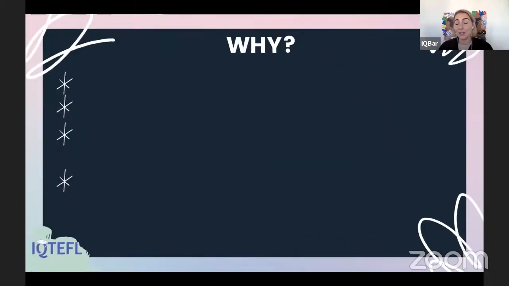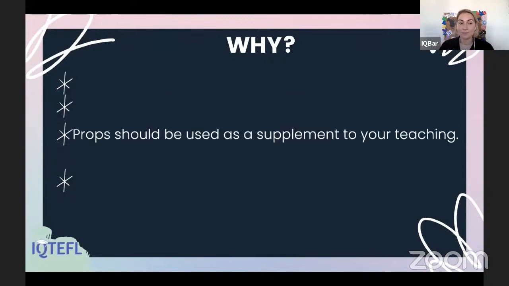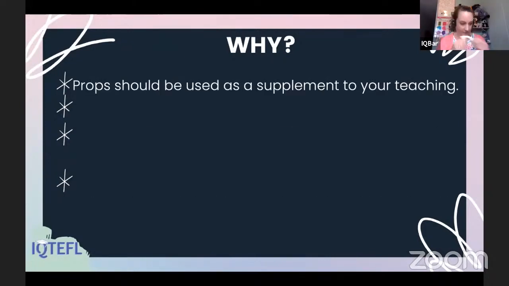So let's have a look at why this is. Props should be used as a supplement to your teaching. So it should never be your core teaching. It should always be used in a way to just help your teaching along, to help your student understand what is being learned. They are able to apply it.